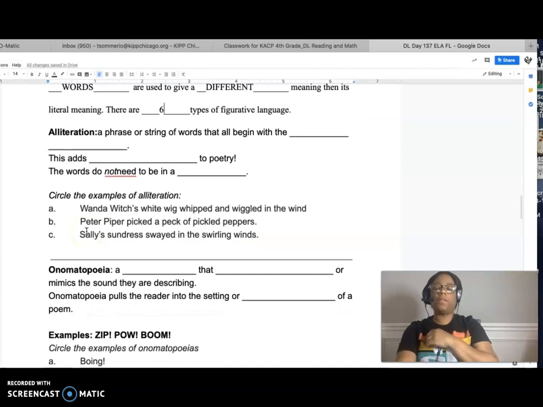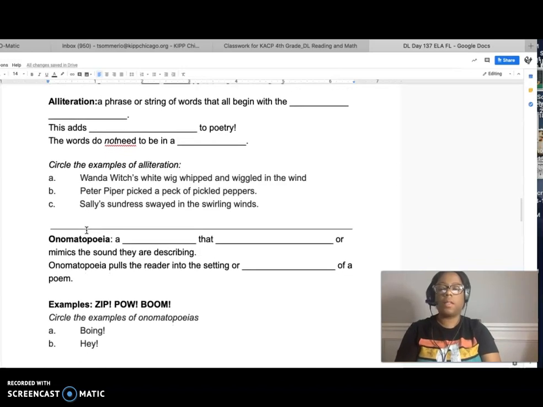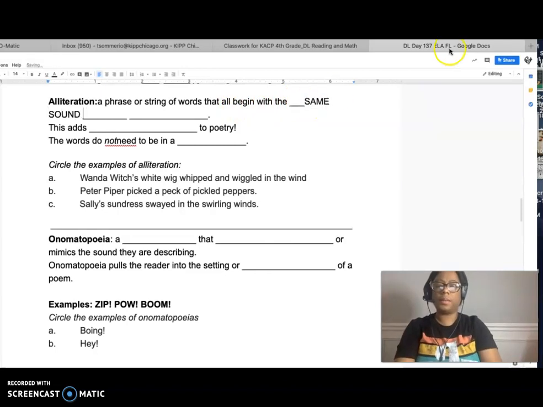Yesterday we went over simile, metaphor. Today we're going over alliteration and onomatopoeia. These are the fun ones, especially when we're talking about gaming. Alliteration is a play on words. It is a phrase or a string of words that all begin with the same sound.